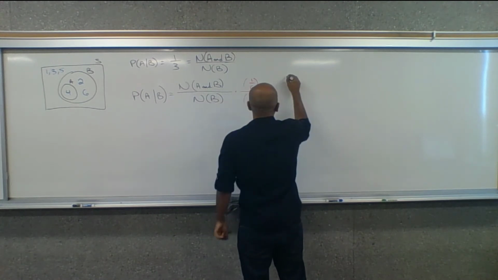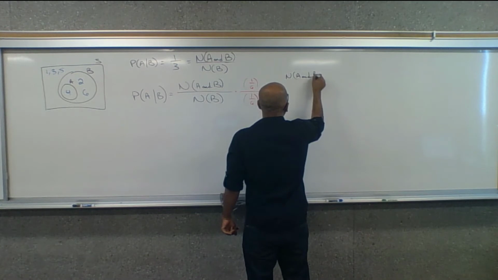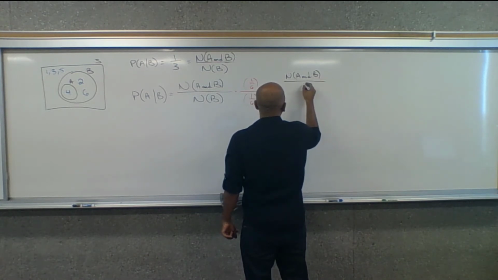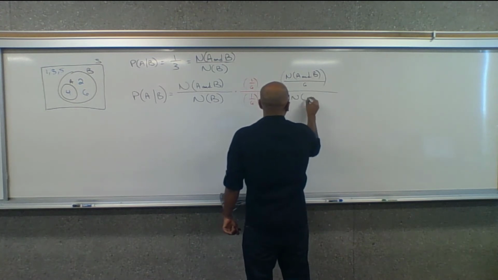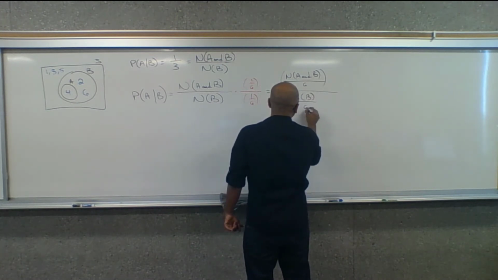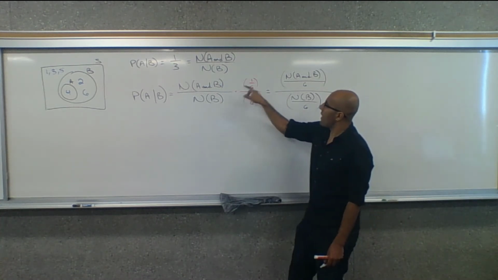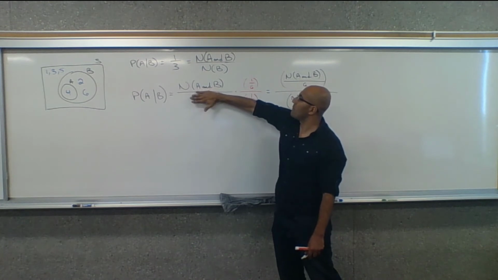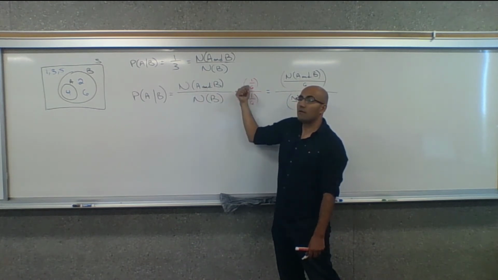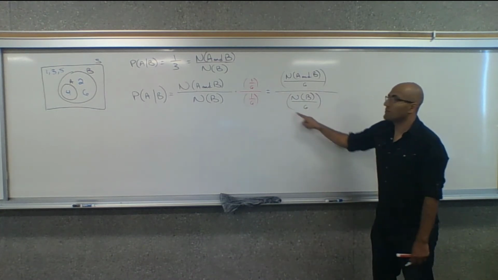So this will turn into n of A and B divided by 6 all over n of B all over 6. Right? So if we multiply this fraction times that, we turn that into a multiplication of a whole number and a fraction, it just gives you this. And then a denominator, it just gives you this.